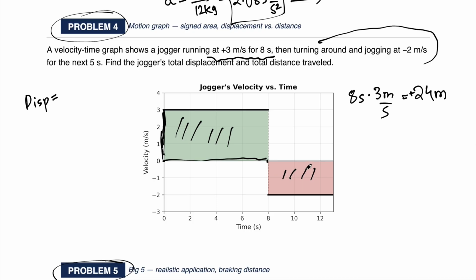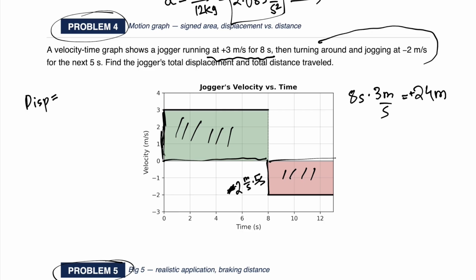This here is negative, so -2 meters per second, because it's under the graph, right? So -2 meters per second times 5 seconds. So -2 is a bit wrong, because if you're going backwards but you're still above the x-axis, it would still be positive. But for now, you can imagine it that way if it helps you.